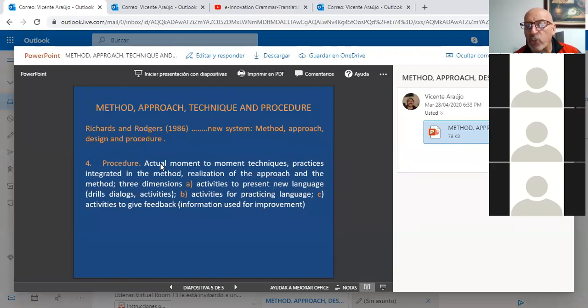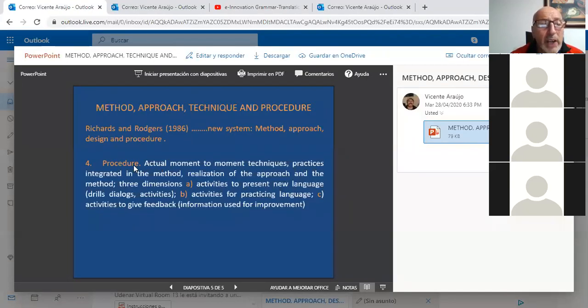What is the meaning of actual in English? Actual means real. When you say actually, you mean really, realmente.